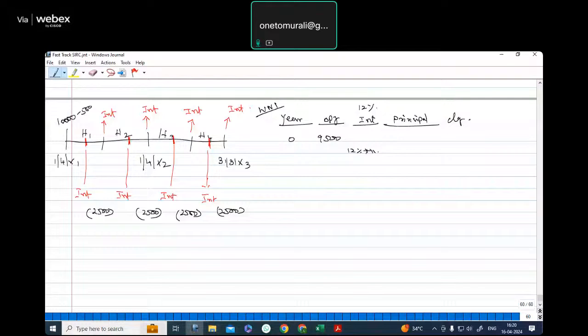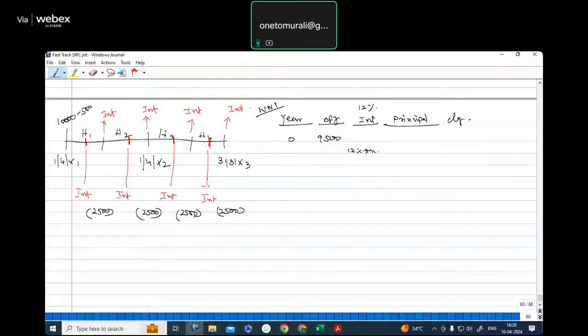It is 12% on, I will put the case as 10,000 only, because otherwise I have to go about a separate computation. 10,300 into 3 by 12, 0.12 into 10,300 divided by 4, 309. 309 and 2,500 will be paid.